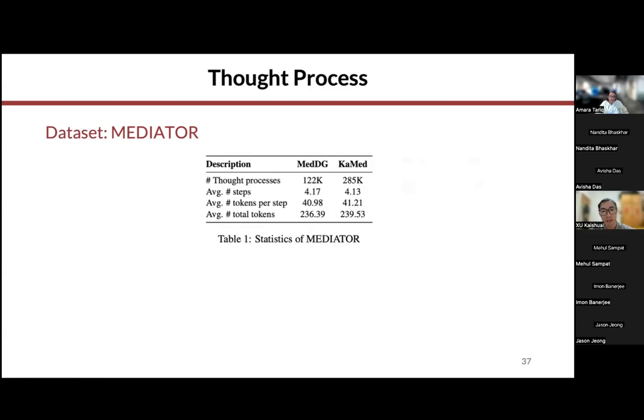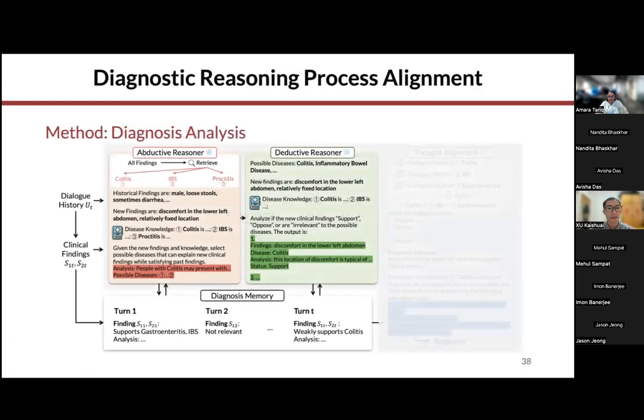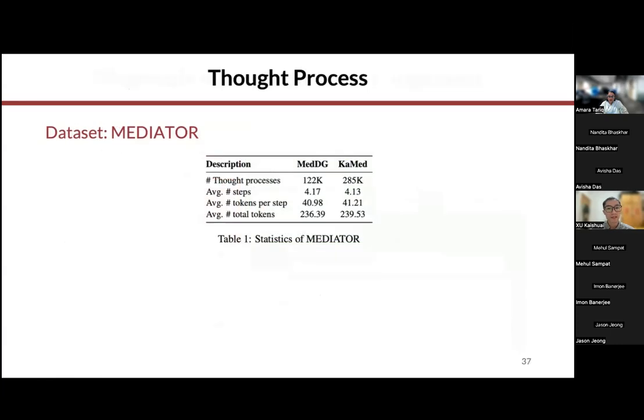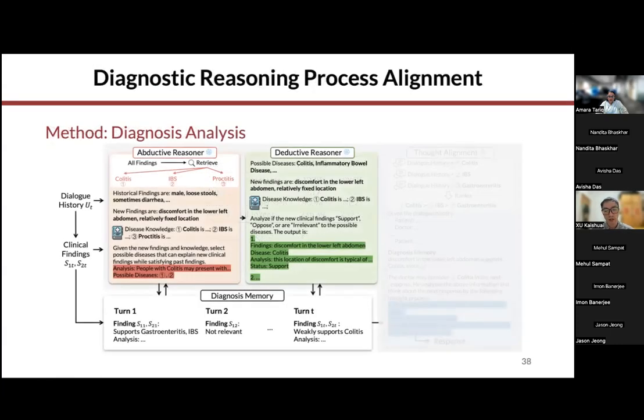The first dataset has 122,000 thought processes, and the second dataset has 285,000 thought processes. Then we construct a framework to reason like a real doctor.